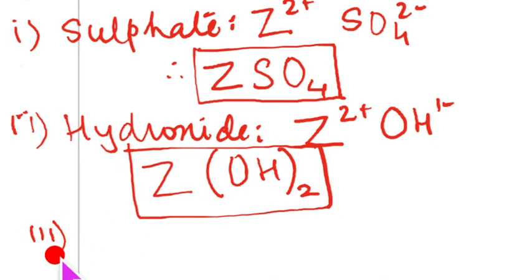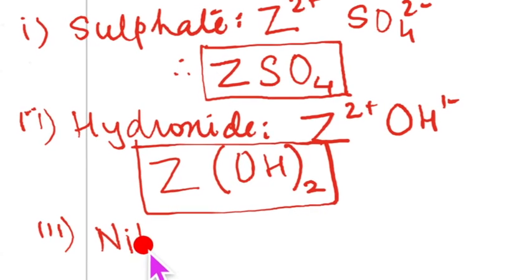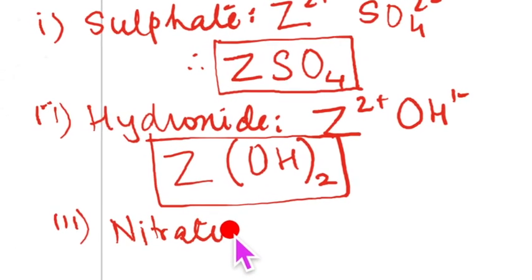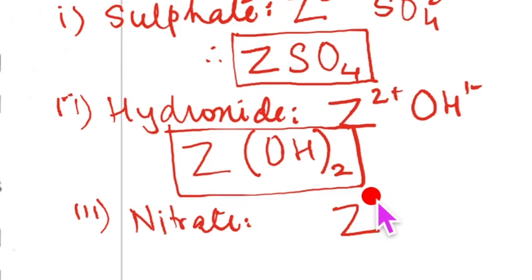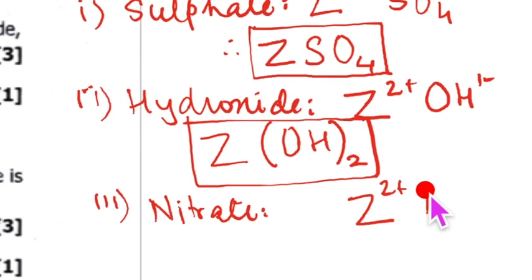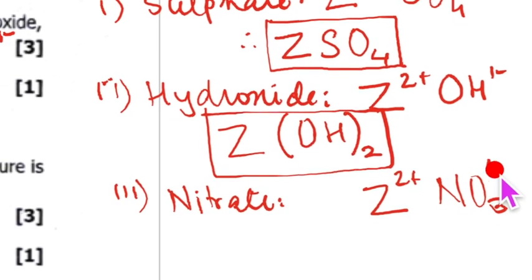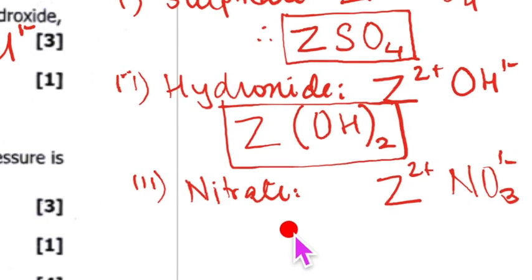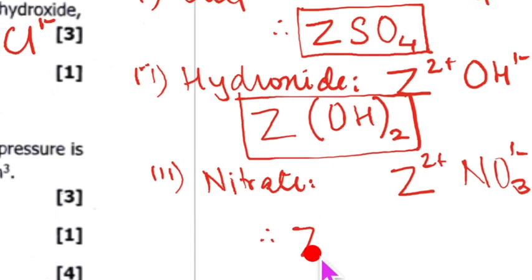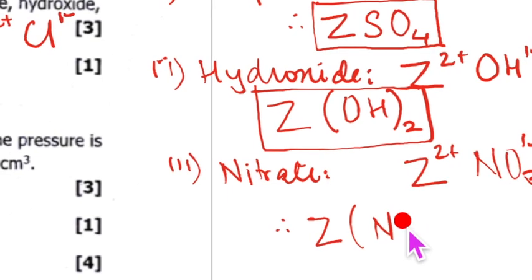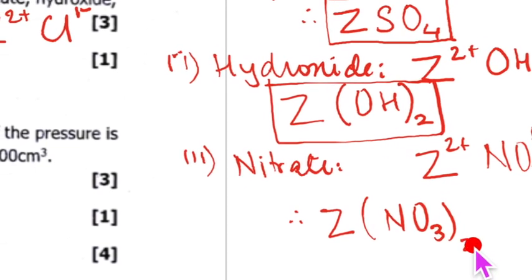And the third one, they are saying the nitrate. Nitrate will be, we'll write Z2 plus here and we will write NO3 1 minus here. When we do crisscross, it becomes Z(NO3)2.